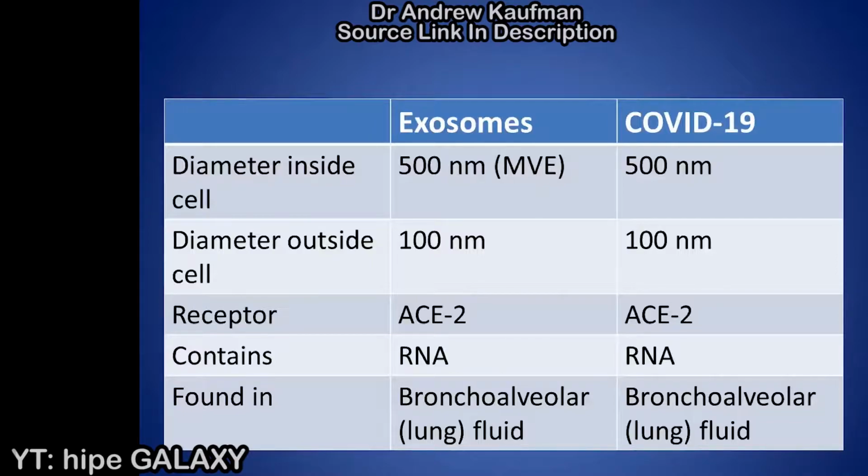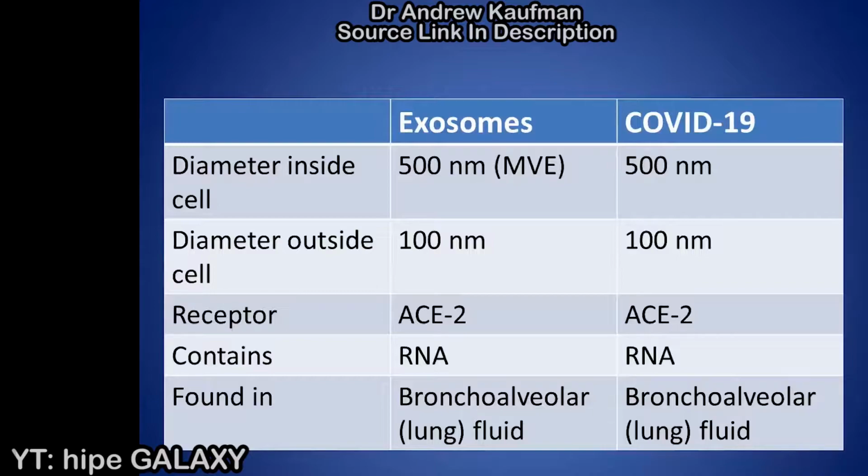Now, I also was able to find a paper where they've identified exosomes coming from our own body that also use the ACE2 receptor as their lock and key mechanism to find their target cells. So exosomes and COVID-19, the same exact receptor on their surface targeting the same exact cells. Now, these both contain genetic material, and it's both in the form of RNA. No DNA, only RNA.